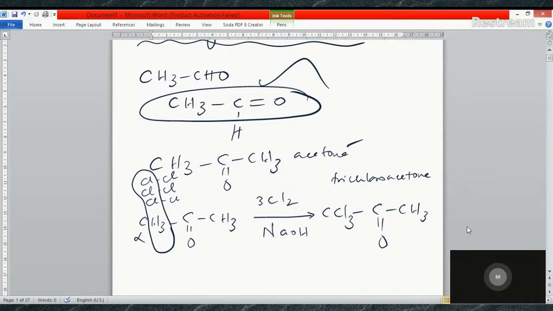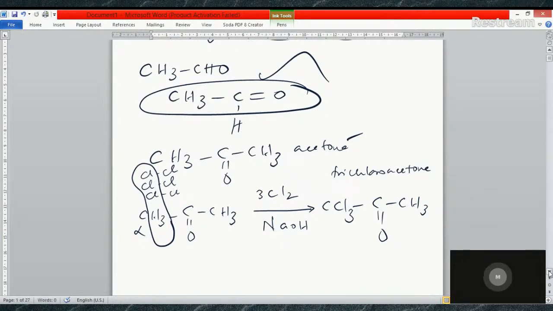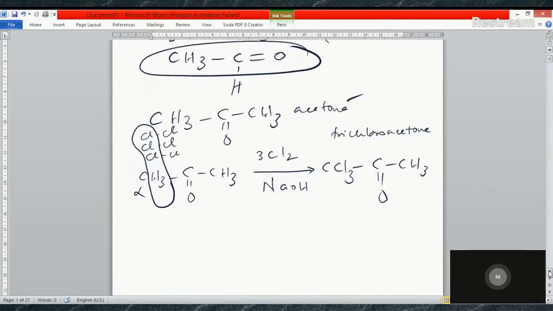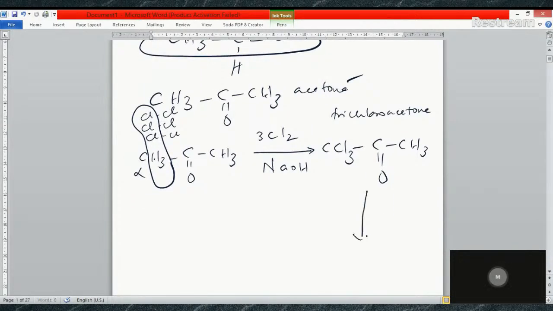After getting the trichloroacetone, now it is to be oxidized. For that purpose, we are using sodium hydroxide, NaOH. For convenience, we can write it like this, HONa, for understanding purposes.